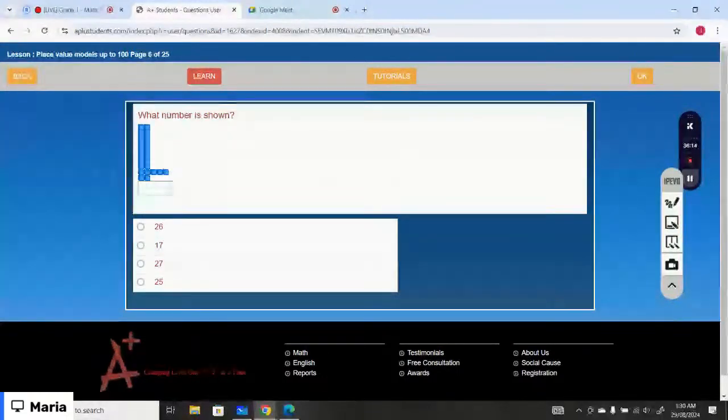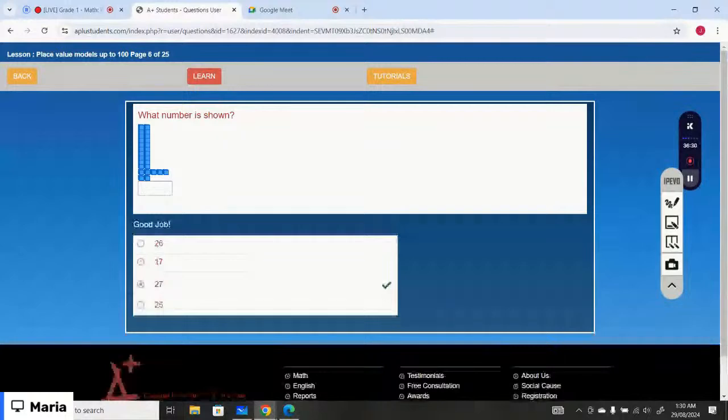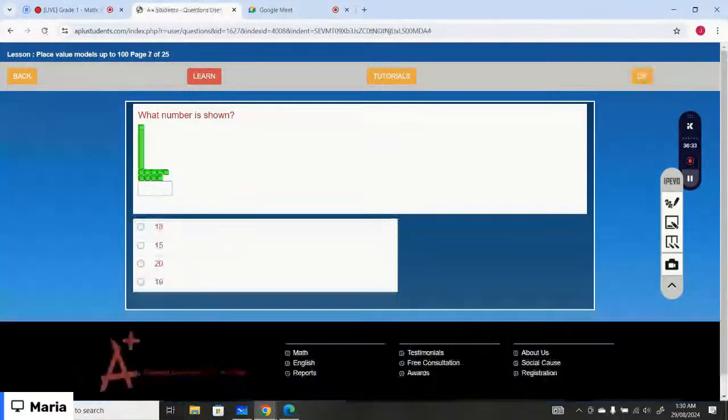That is 27, it is option number 3. What number is shown?